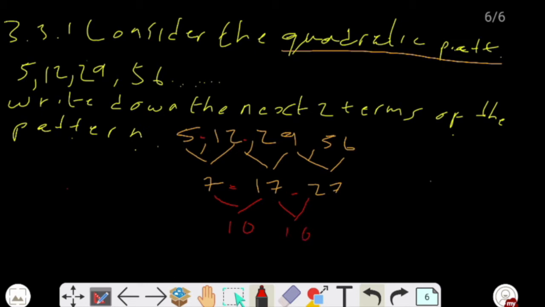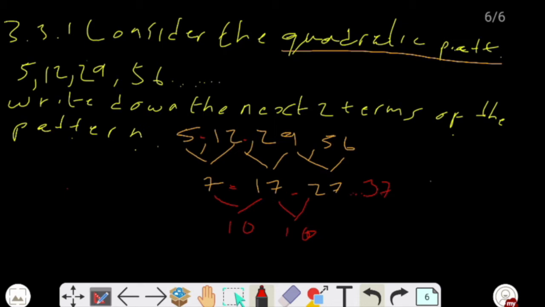Now from here, you can clearly see that for you to get the second difference, what you need to do is just add a 10. So if you say 27 plus 10 will give you 37, right?